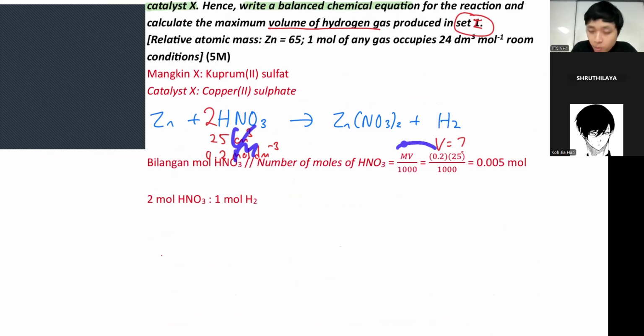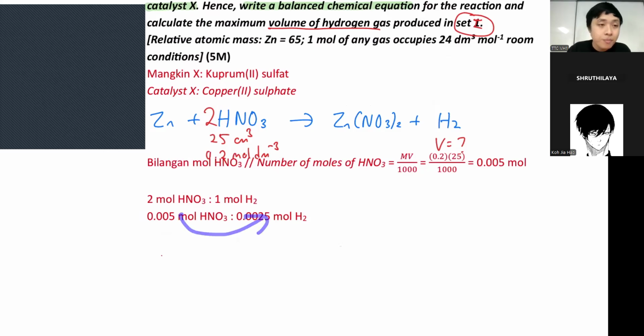MV over 1000, you get 0.005 mole. Ratio of acid to hydrogen, divided by 2.